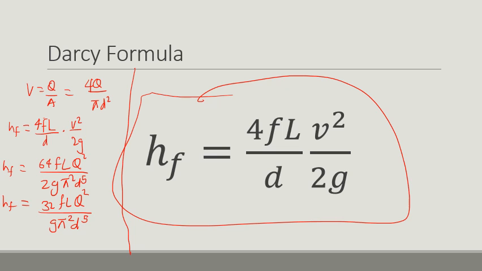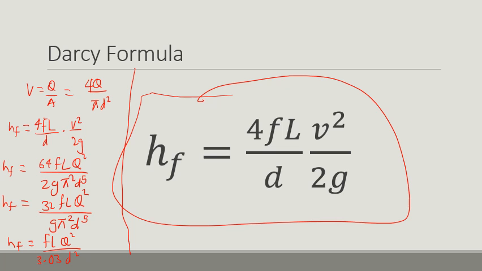So this is it, and sometimes it is written as HF is equal to FLQ square over 3.03 d raised to the power 5, because 32 over G pi square is actually a constant, and you can find the answer for that expression to be 3.03, which is sometimes approximated as 3.